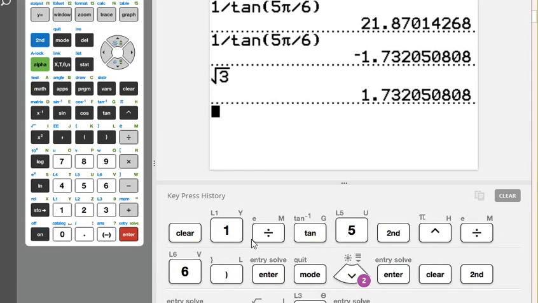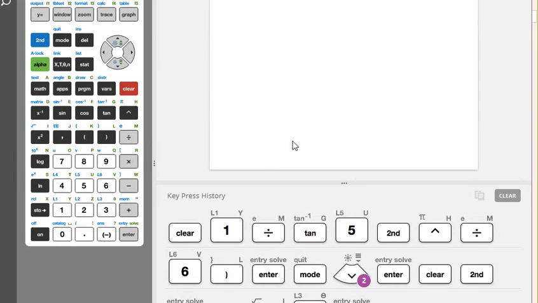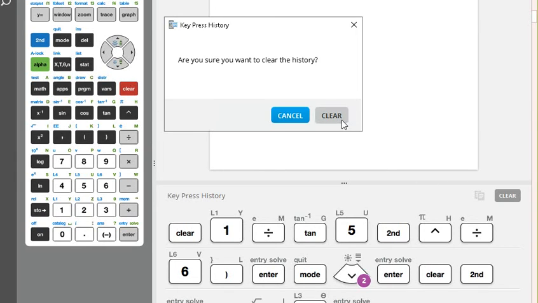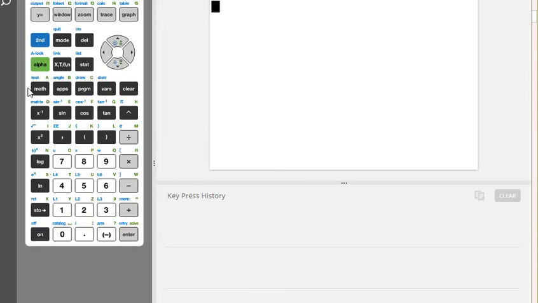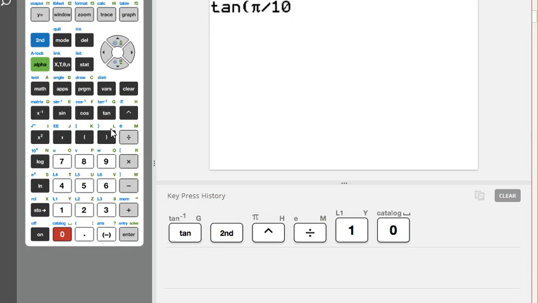Like problem number 69 was the tangent of pi over 10. Let me clear this out. I'm in radians. I'm not going to look for an angle on my unit circle because I don't have a nice convenient one that matches that. But I can do tangent of pi over 10 and just get a nice decimal answer and round it.